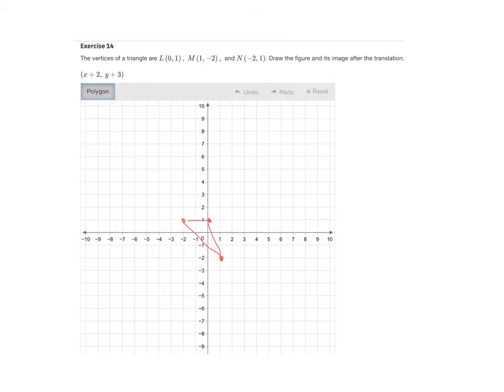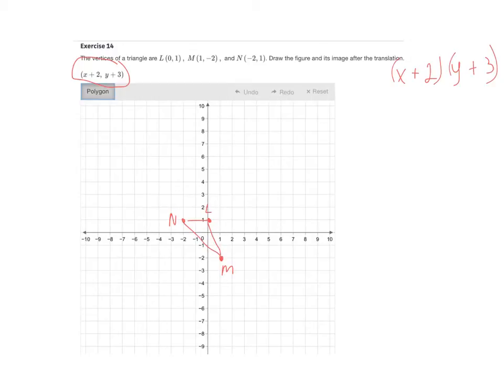Okay, and then I'm going to label these again. This is L, M, N, and they want us to put it through this rule, right? So we are going to add 2 to the x, and to the y we're going to add 3.